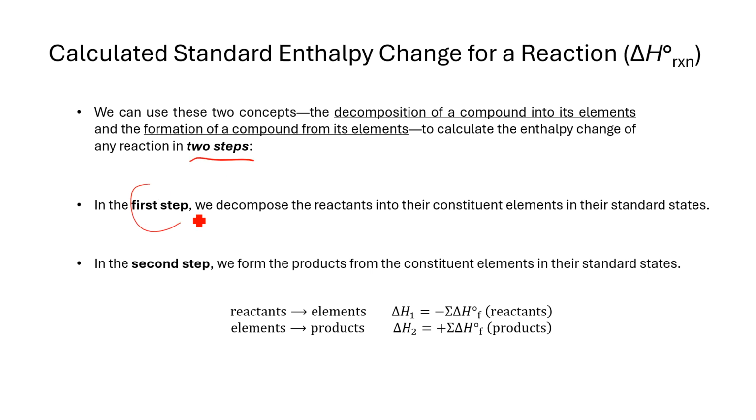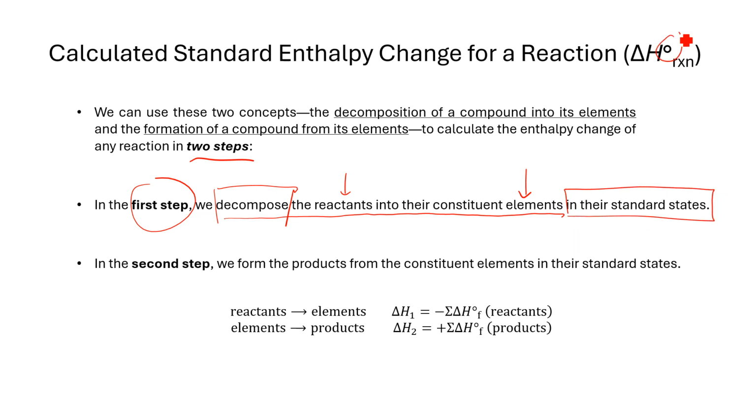The first step is we decompose the reactants into their constituent elements, in their standard states, which just means this knot. That little degree sign just means standard state. In the second step, we're now going to form the products from the constituent elements in their standard states.